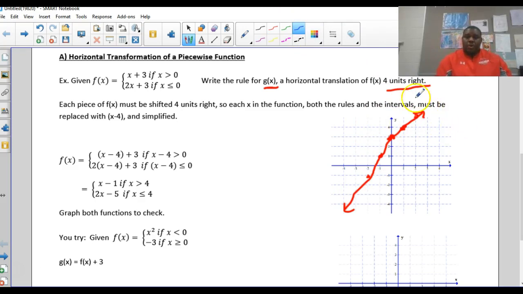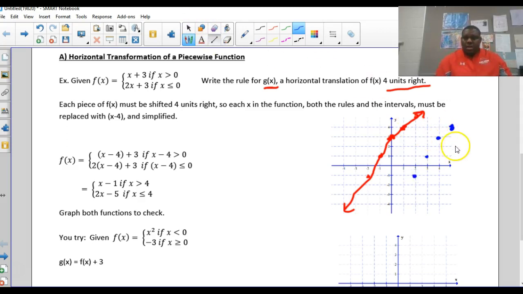In a nutshell, all these points right here, you can move them 1, 2, 3, 4.